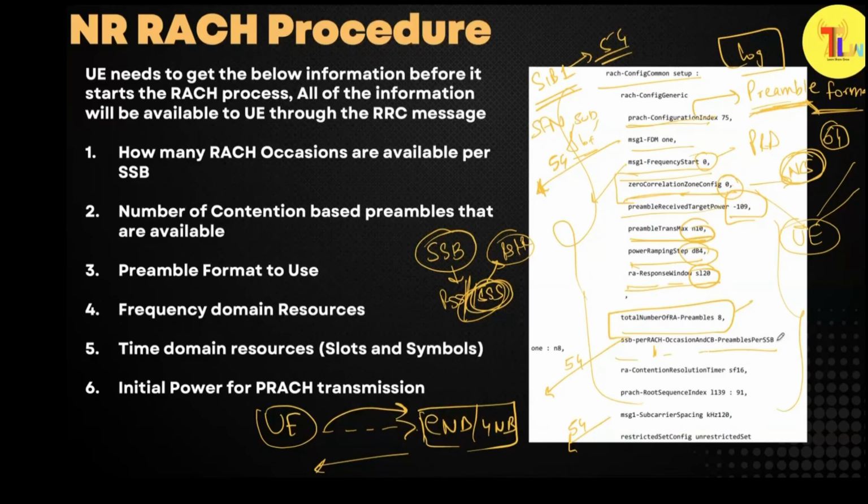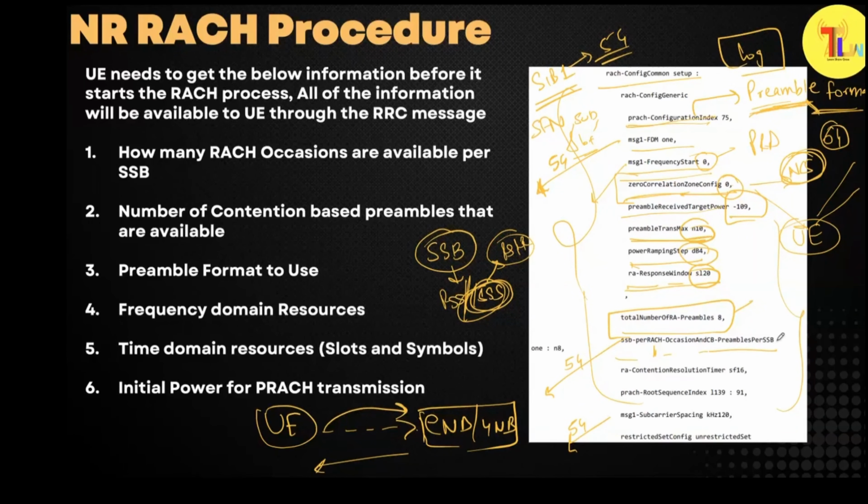This has two folds. The first is SSB per RACH occasion, which conveys the information about the number of SSBs mapped per RACH occasion, and CB preambles per SSB indicates the number of contention based preambles available per SSB.